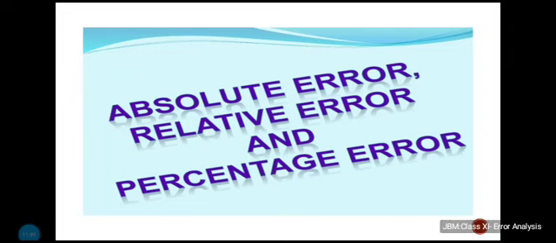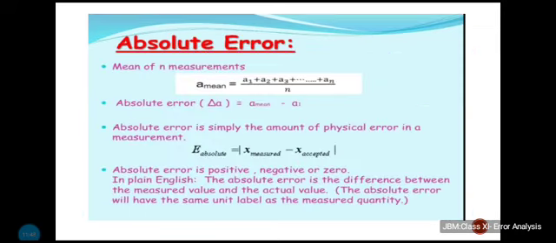Now we will come to absolute error, relative error and percentage error. Suppose we make n measurements. Then we will obtain different values as A1, A2, A3, A4, A5 and so on up till An.